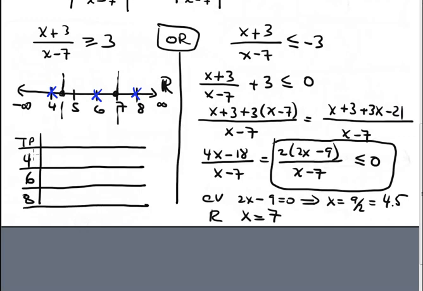And the factors that we have are 2x minus 9 and x minus 7, and the total.